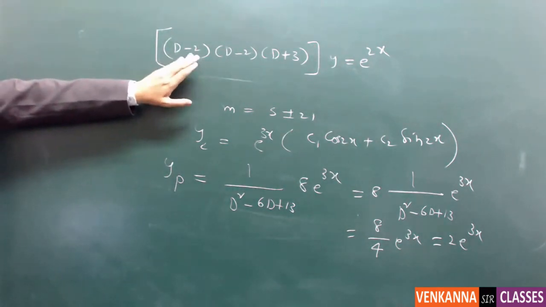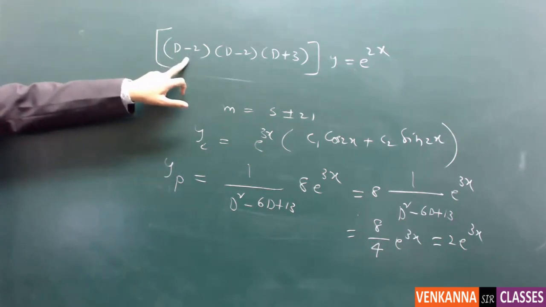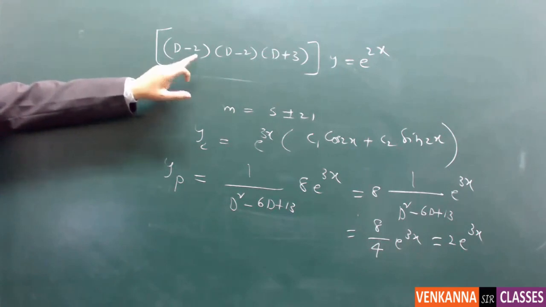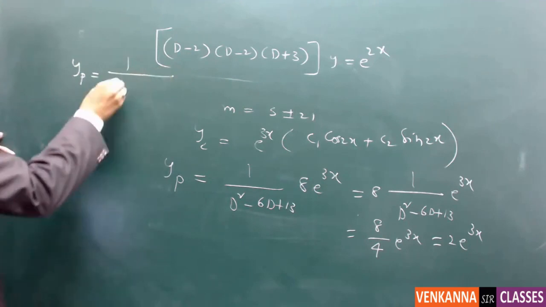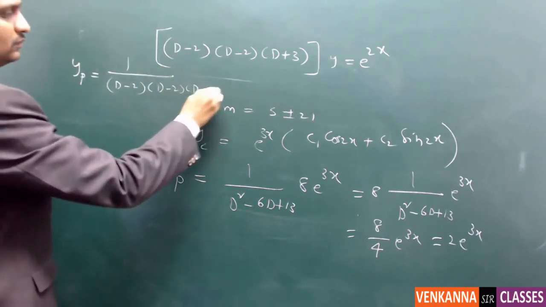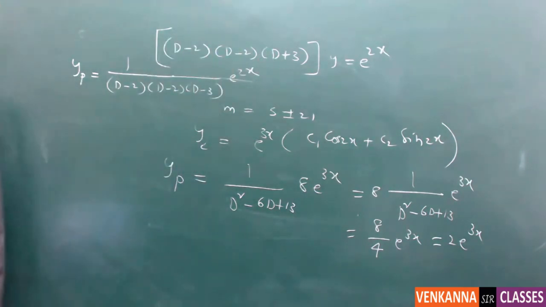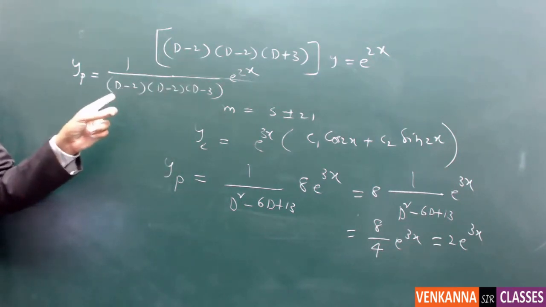Straight away I have written the roots. Now the complementary function you can write. If you calculate the particular integral, so yp is equal to 1 by... now if you substitute 2 in place of d, the denominator becomes undefined.